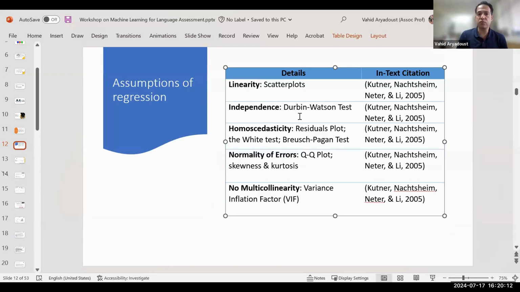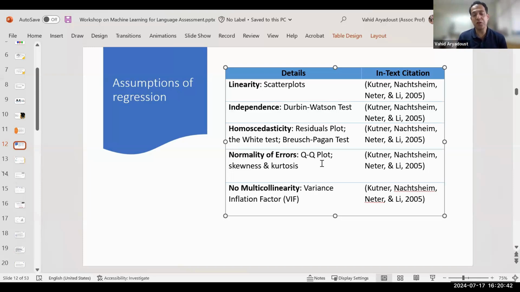Homoscedasticity is done through, for example, checking the residual plots and some other tests like the White test and Breusch-Pagan test. The normality of errors is checked through, for example, the QQ plot, quantile plot, and by using the good old skewness and kurtosis. You just need to calculate the errors, just like a variable, not manually. The software will do that for you.